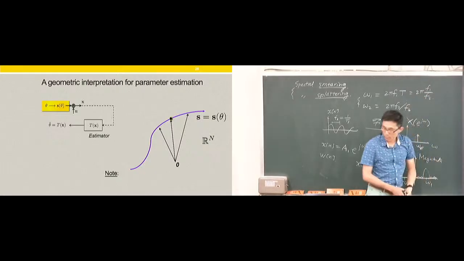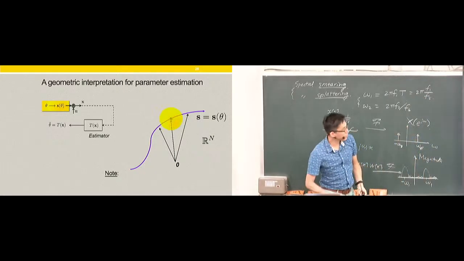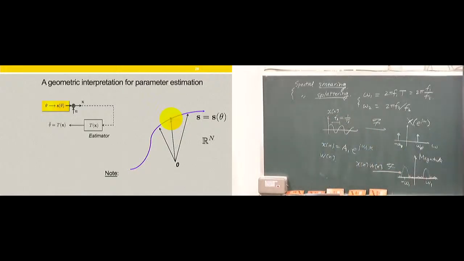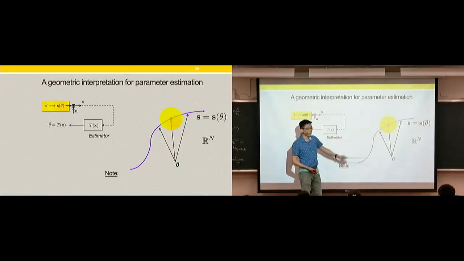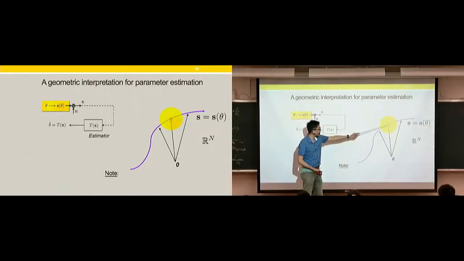But now the problem is any signal is going to be contaminated by a cloud, by an uncertainty caused by the random noise. Okay? So instead of directly observing one point exactly on the path, given that theta is this, your observation can possibly be anywhere around there, due to the presence of the noise.